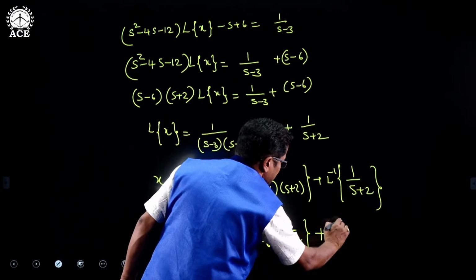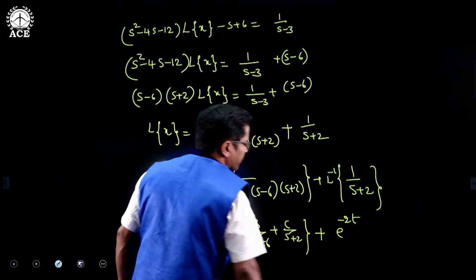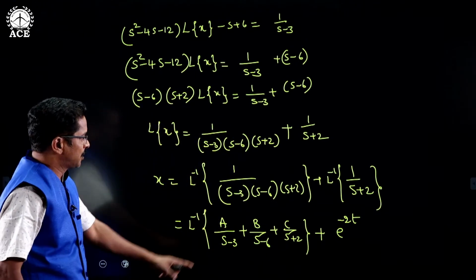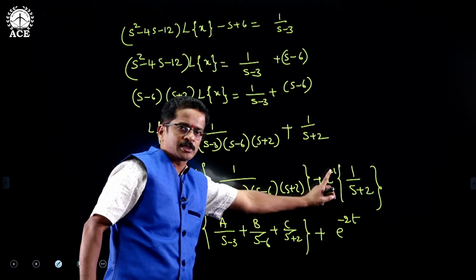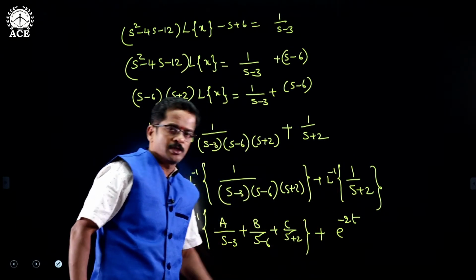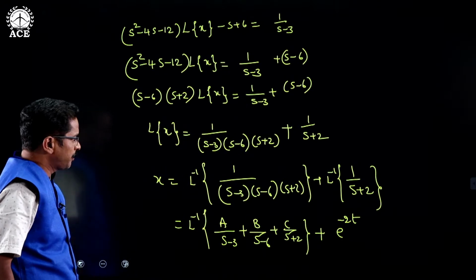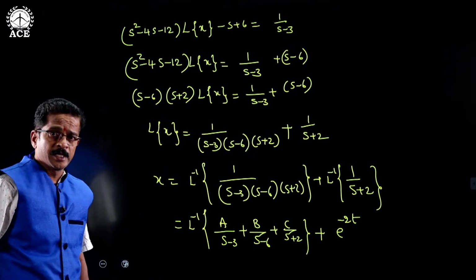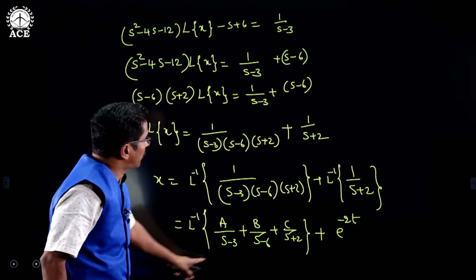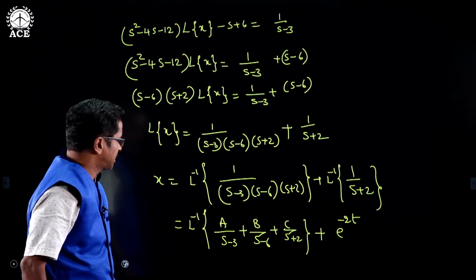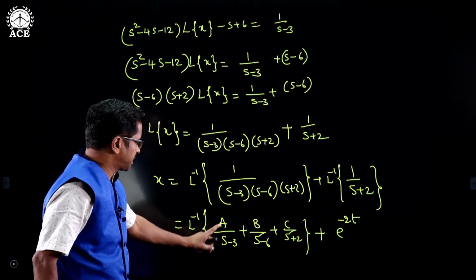From standard formulas of inverse Laplace transform, you will get e power minus 2t. Means L inverse of 1 by s plus a is e power minus at.